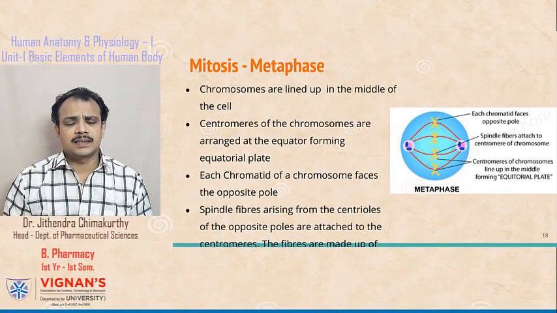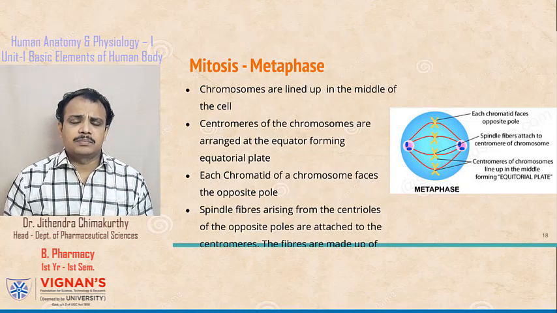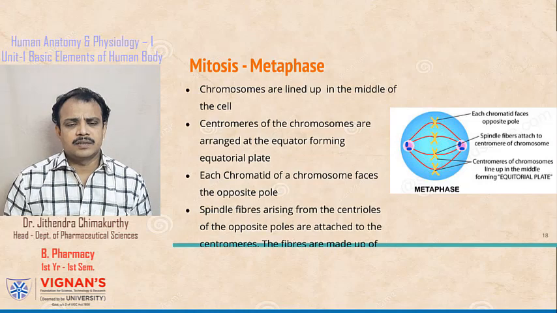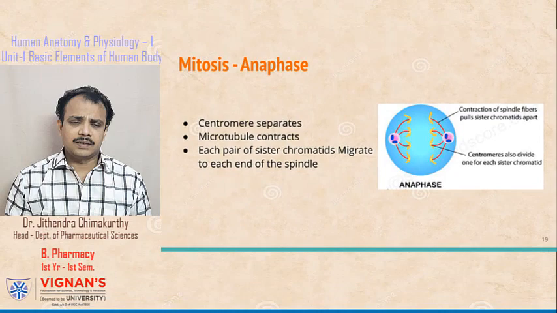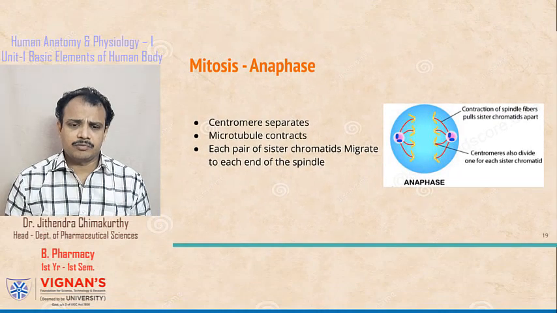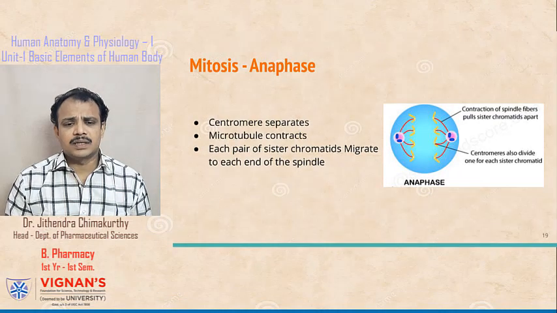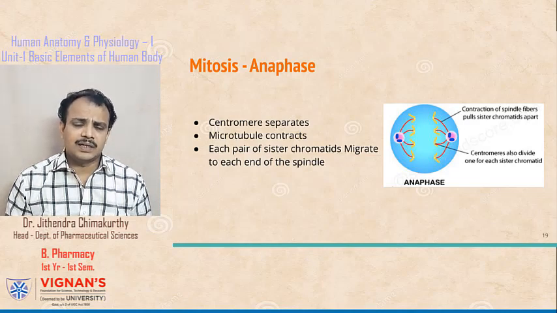The next stage is metaphase. In this metaphase, all the paired chromatids will align in the center of the cell. And this is regulated by the mitotic apparatus. And in the third phase, that is anaphase, the centromere splits and the mitotic spindles will contract.